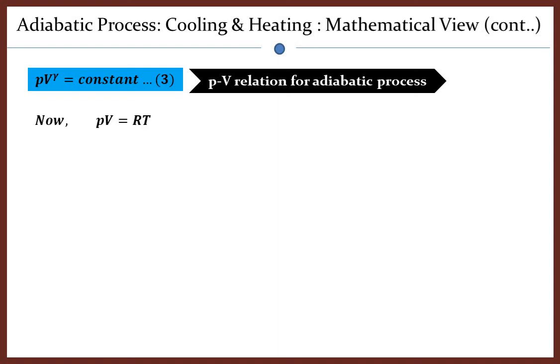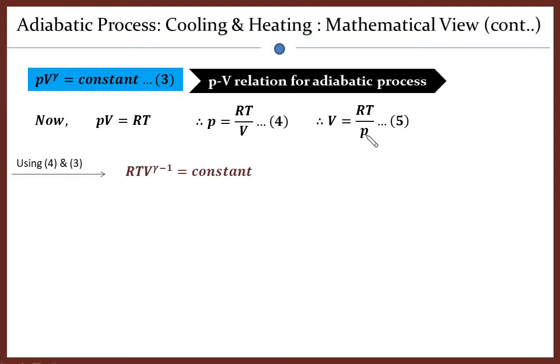Now PV equals RT. Therefore we can write P in terms of temperature and volume, which will be equal to RT upon V. And from this equation we can also write V in terms of temperature and pressure. So V equals RT upon P. If we use this equation 4 and this equation 3, we need to just substitute pressure in equation 3 by utilizing equation 4.